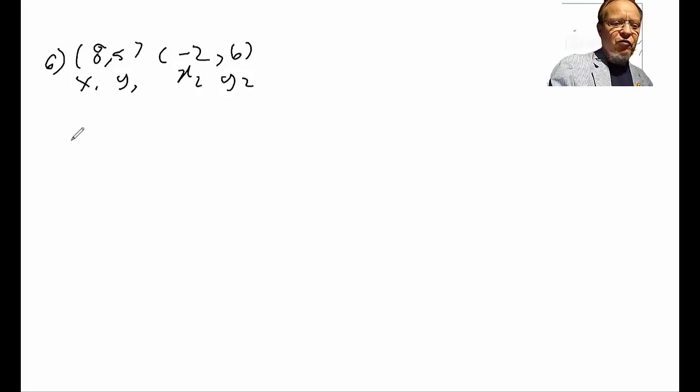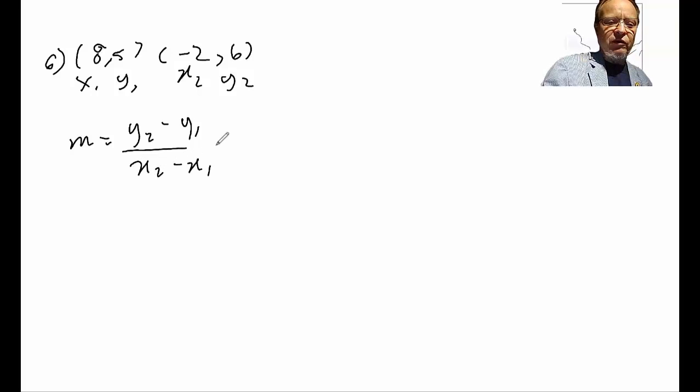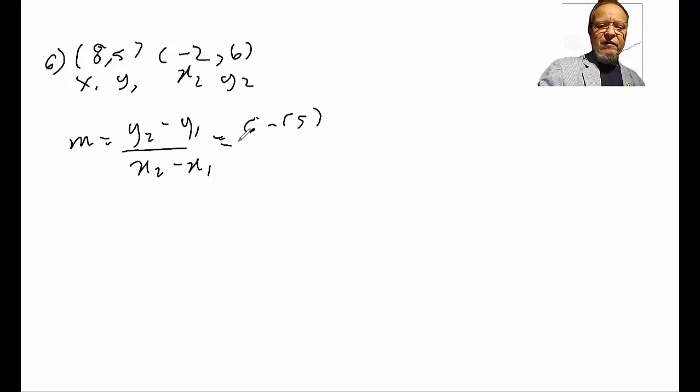So as before, I have m is equal to y2 minus y1 over x2 minus x1. And I see that we have 6 minus 5, and then I have negative 2 minus 8.